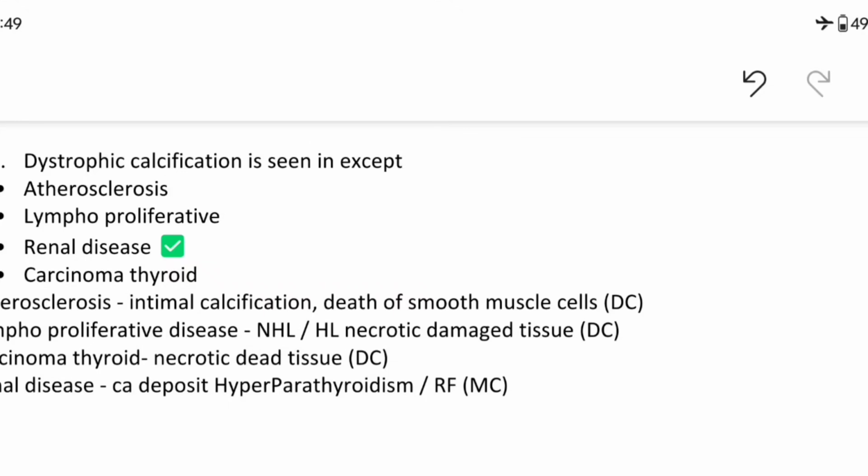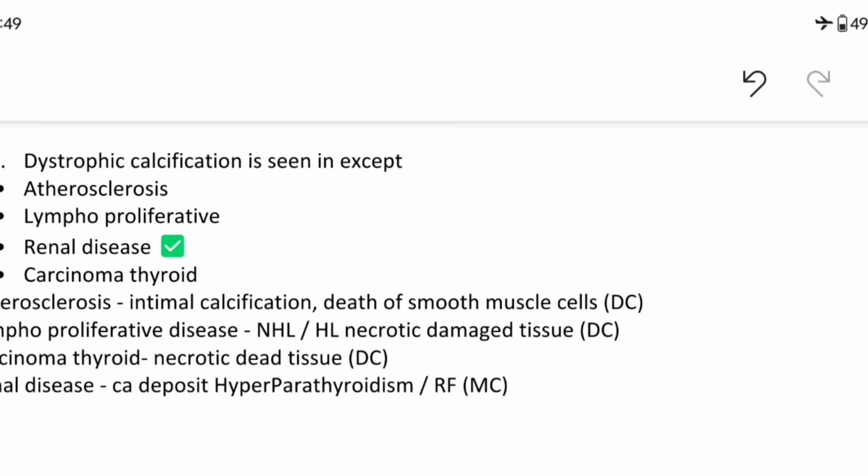Now, option number 4, which is carcinoma thyroid. Per se, any carcinoma, whether it is thyroid or any other carcinoma, again has some dead and necrotic tissue. So the calcification happening in the dead and necrotic tissue is dystrophic calcification.